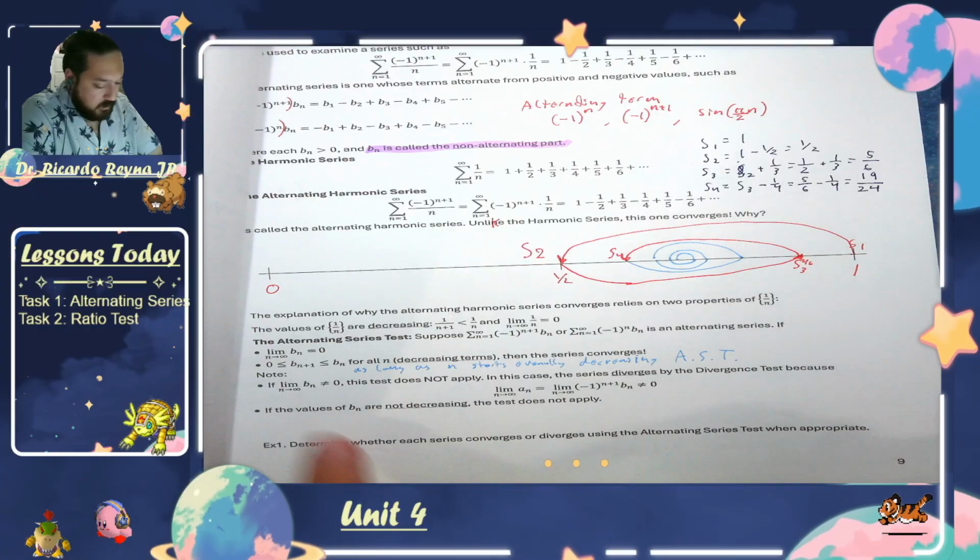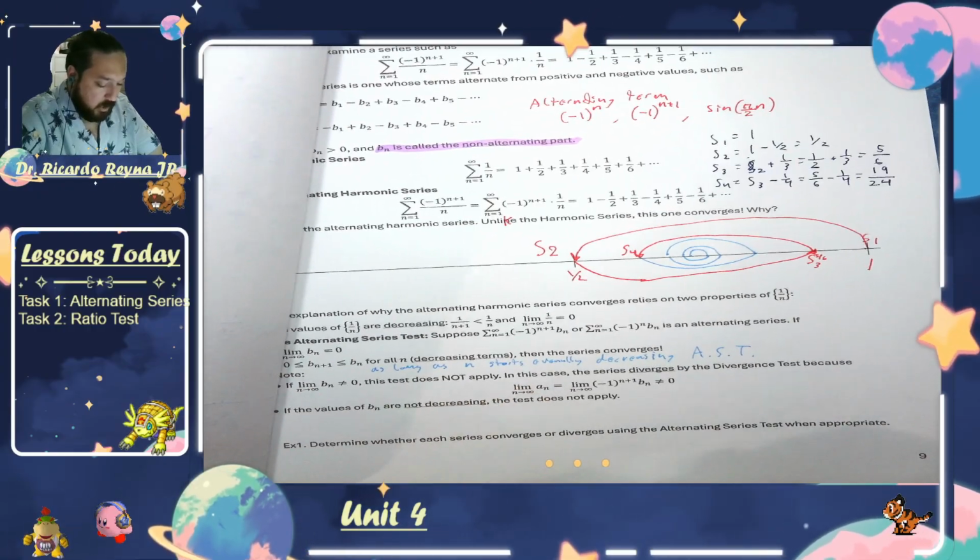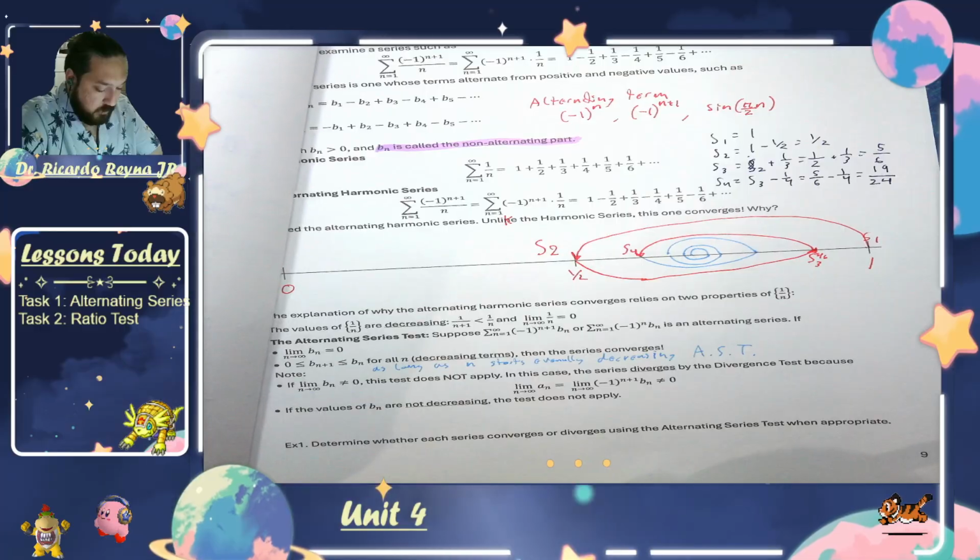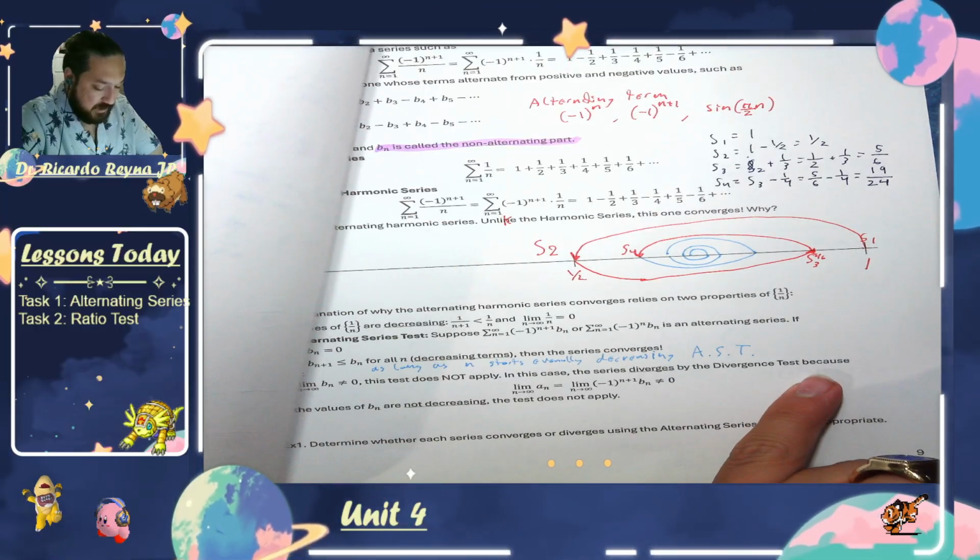If we found that it does not equal 0, this test does not apply. In this case, the series diverges from the divergence test.